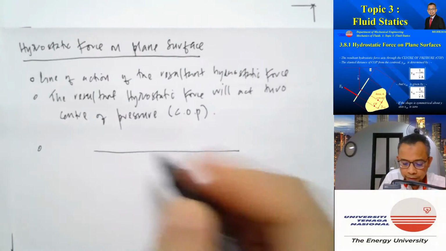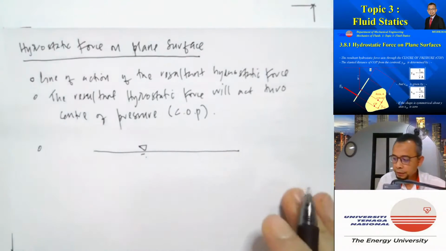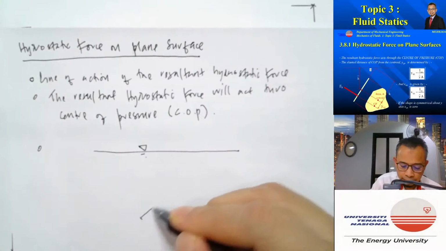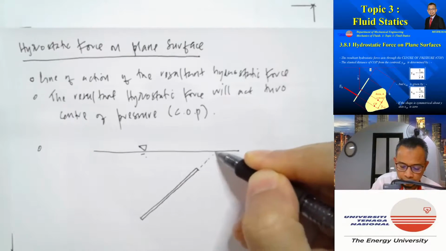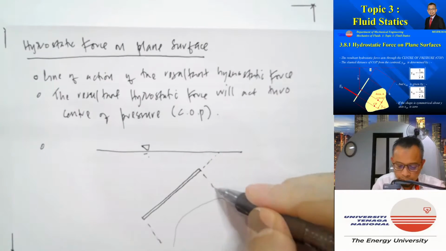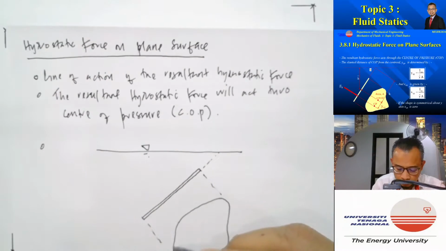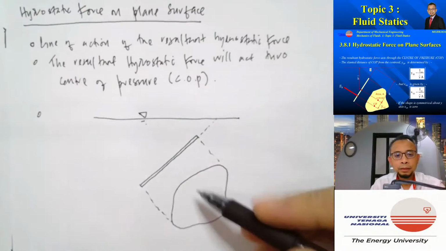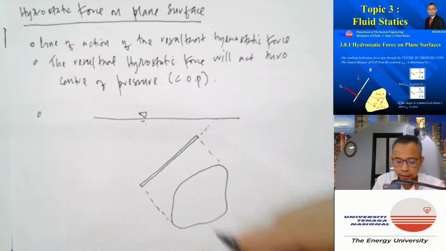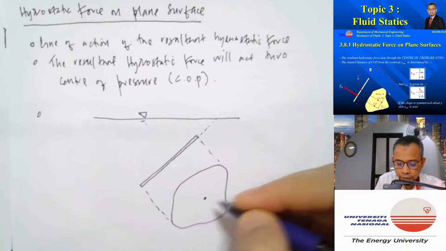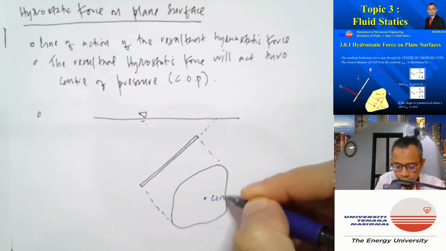So this is the water surface. This is the edge view of the plane. Let's say this is the normal view of the plane. The centroid of the plane is here. This is the centroid.